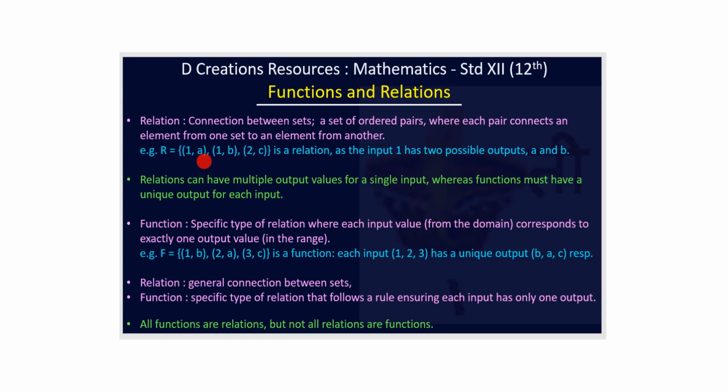We had also taken an example where there were multiple output values for a single input, but a function must have a unique output for each input. So here is an example of a function that we had seen. It's a specific type of relation.